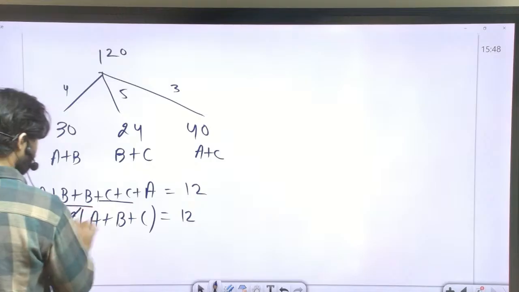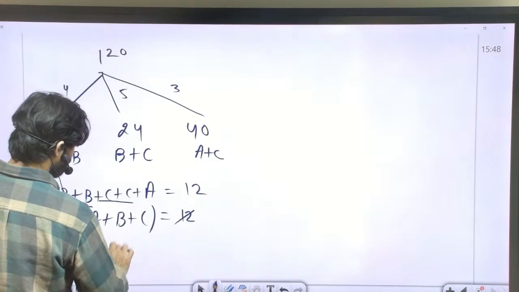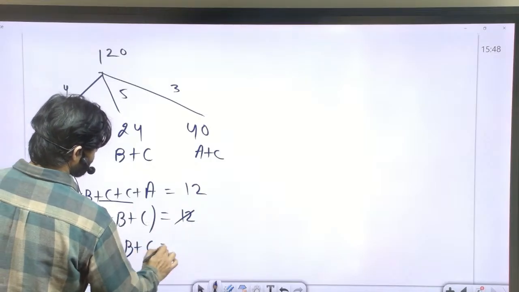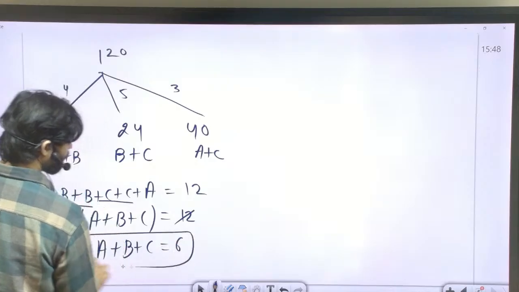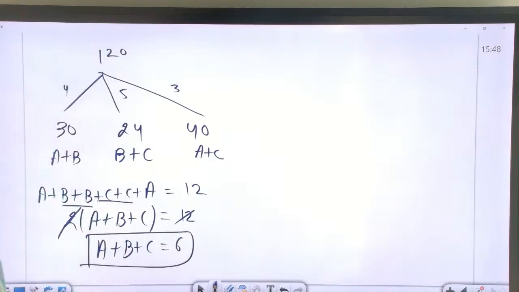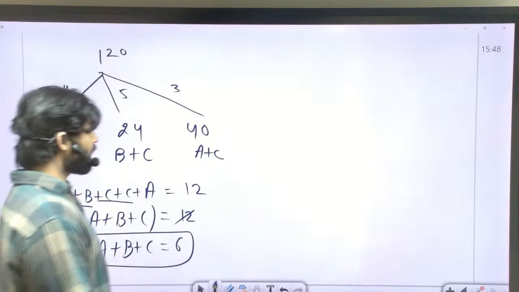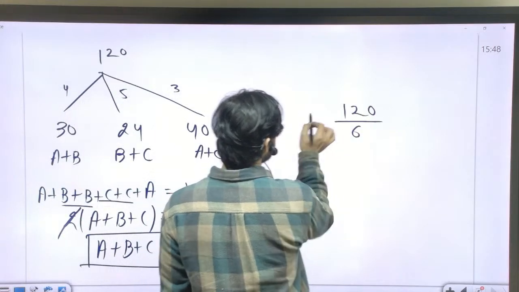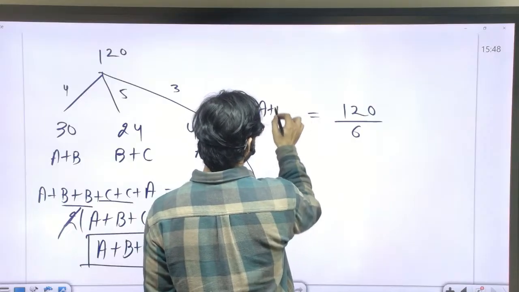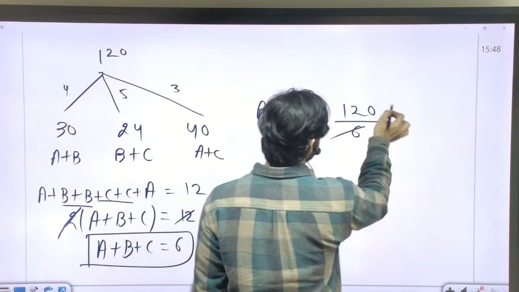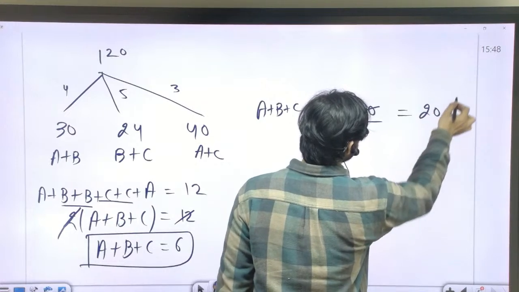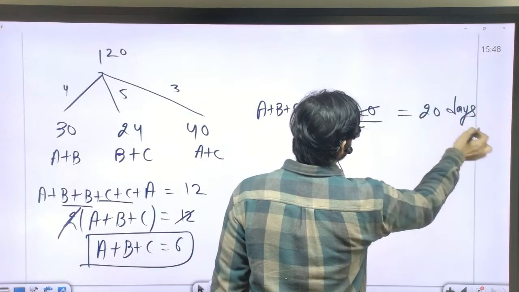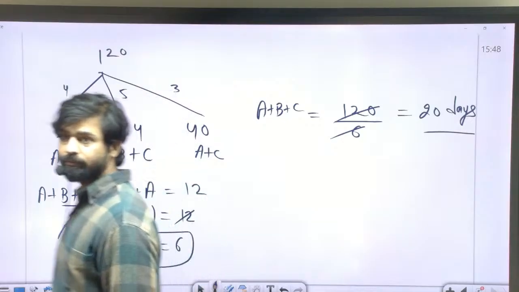So the efficiency of these three will be 6. Now they have to do 120 units with efficiency 6. So the number of days taken by them together is 20 days. Any problem in this?